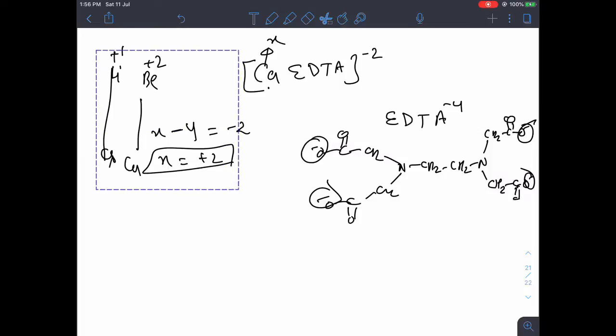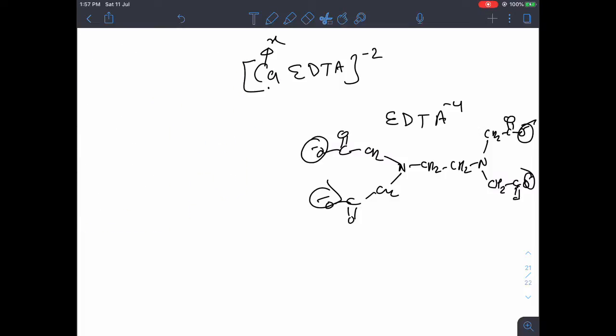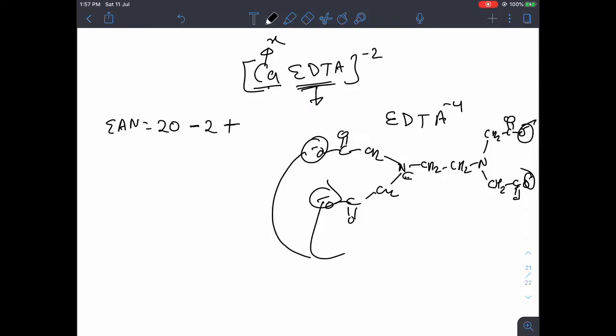Now how to solve this? Apply the same formula. EAN is equal to atomic number. What is the atomic number? 20, minus oxidation number. What is the oxidation number? 2, plus the coordination number. In this case you know that it is a hexadentate ligand: 1, 2, 3, 4, 5 and 6. So 6 into 2.